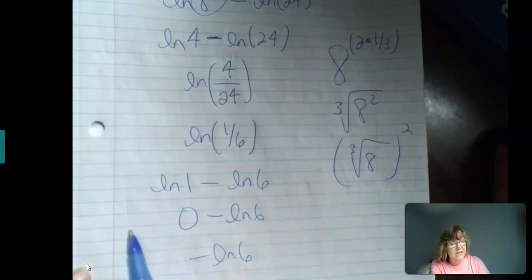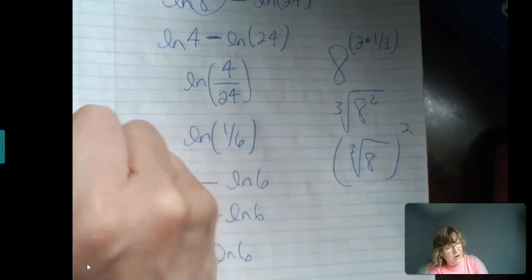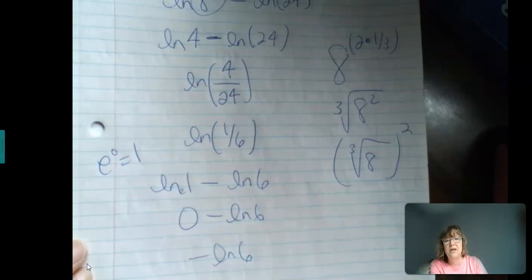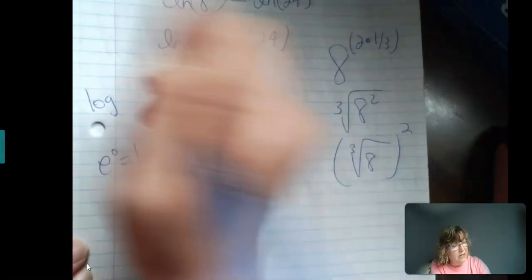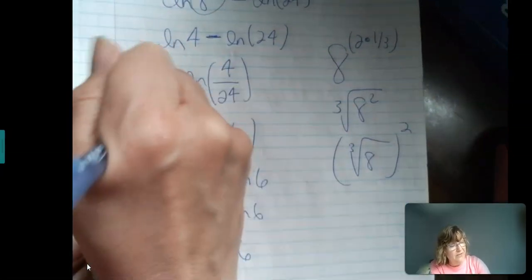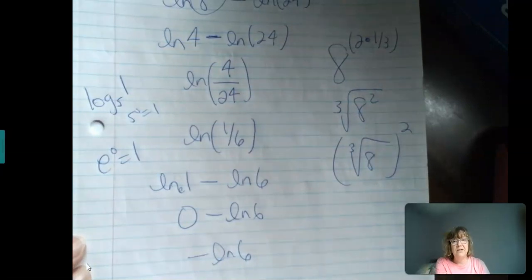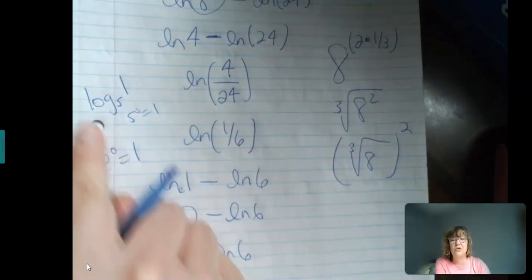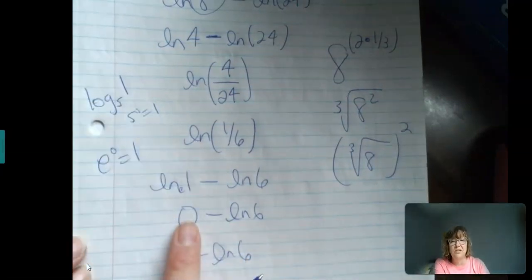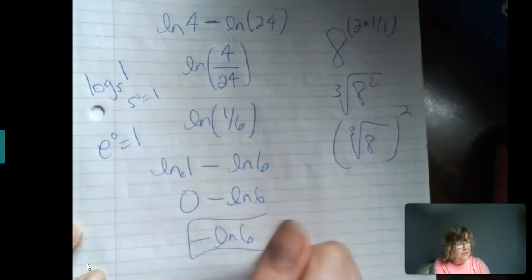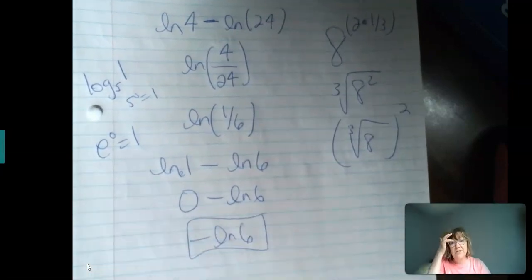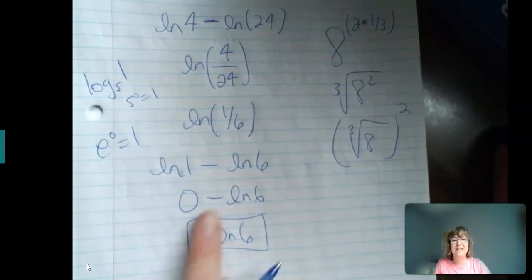The reason for this is base e, and remember, anything to the 0 power is 1. So if you have natural log of 1, or even log of 1, say base 5, 5 to the 0 power is 1. So any time you have a natural log of 1 or just a normal log of 1, the answer has to be 0. So this is probably the final answer they're going to want. You might be like, why? Well, it's because of this thing.